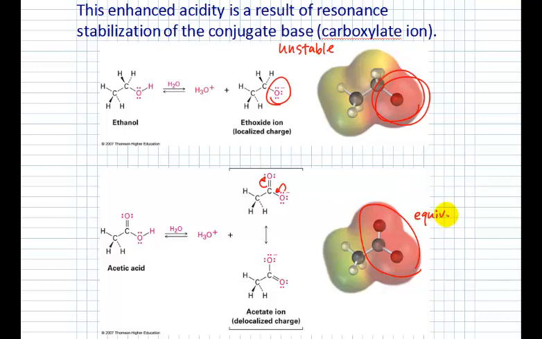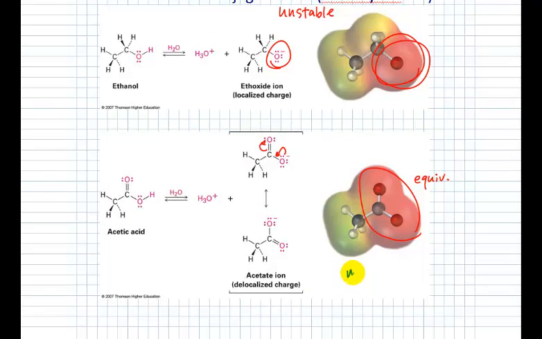In the actual acetate ion, the two oxygens are equivalent. They're indistinguishable from each other. So because that negative charge is delocalized among those two oxygens, it is more stable than ethoxide, which makes acetic acid a stronger acid than ethanol.